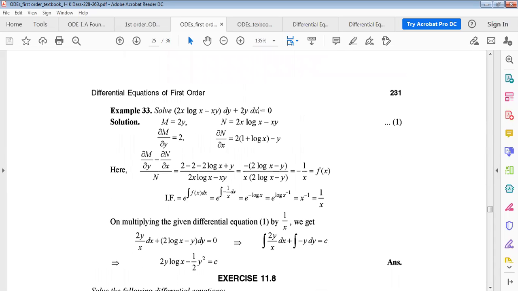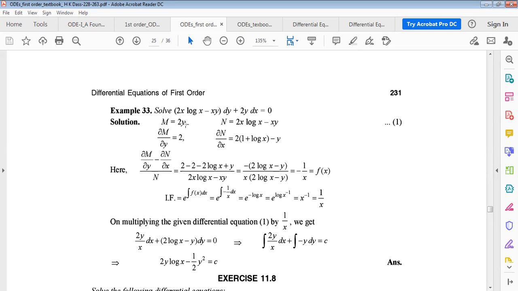Suppose this is our given differential equation, and here M equals 2y, in the form M dx + N dy, in reverse order, right? So N equals this. Now taking the partial differentiation of M with respect to y will be only 2.